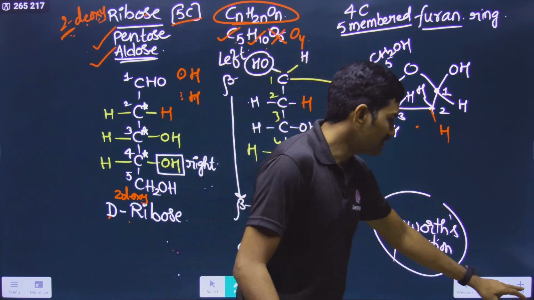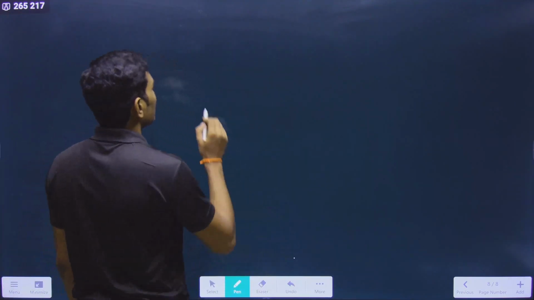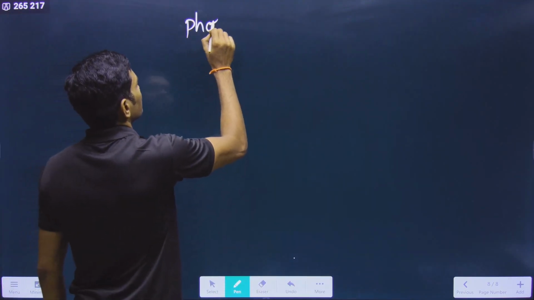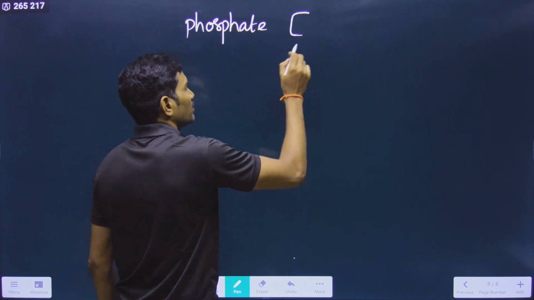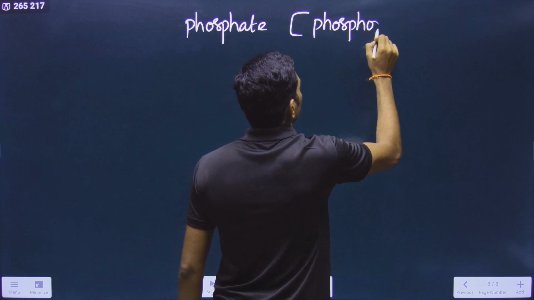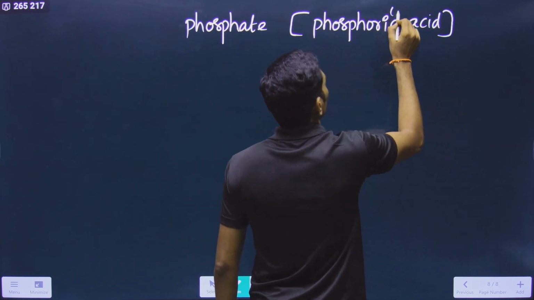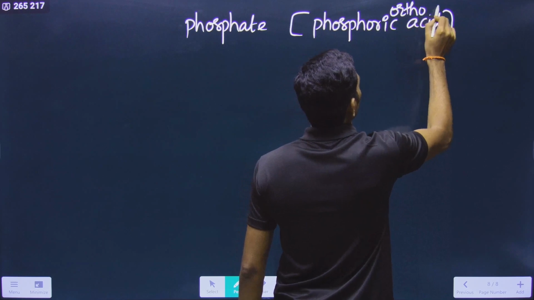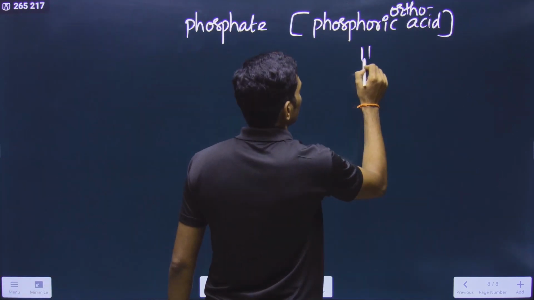Clear? With this, the sugar is also completed. And now the last one, the phosphate group. You can call this a phosphate and you can also call it phosphoric acid. Which phosphoric acid? Orthophosphoric acid. How will you write this?